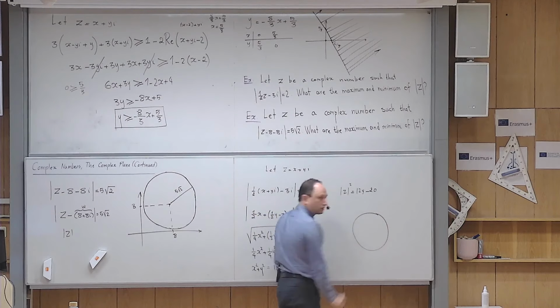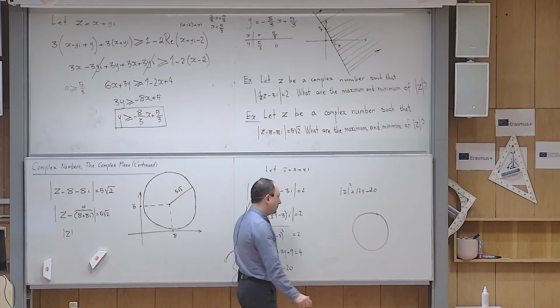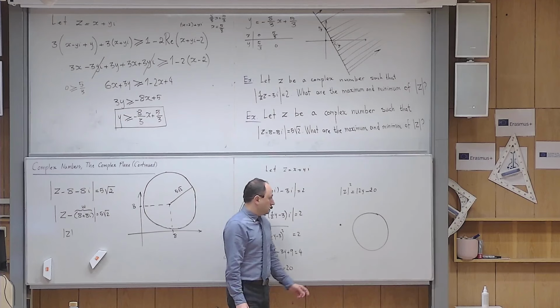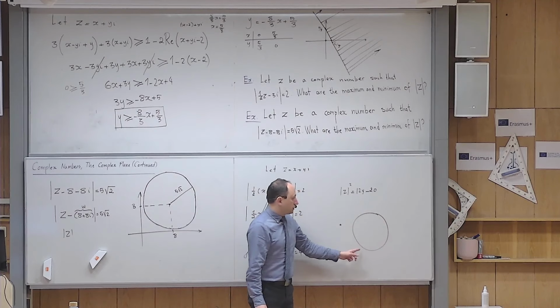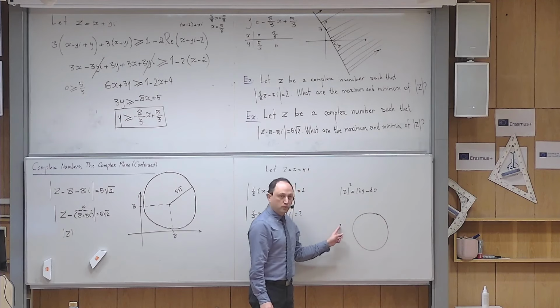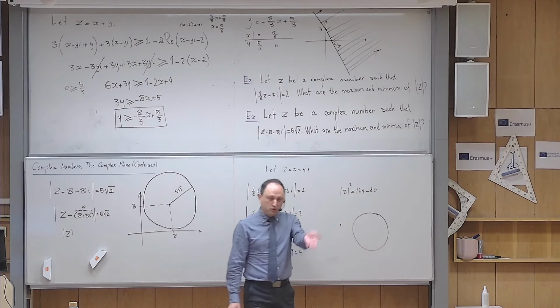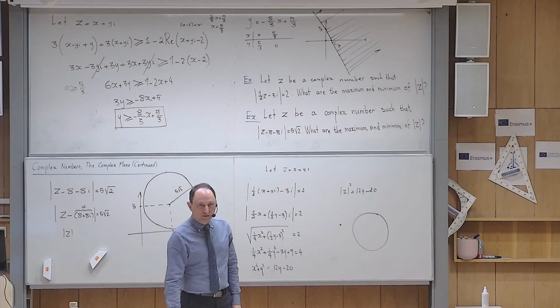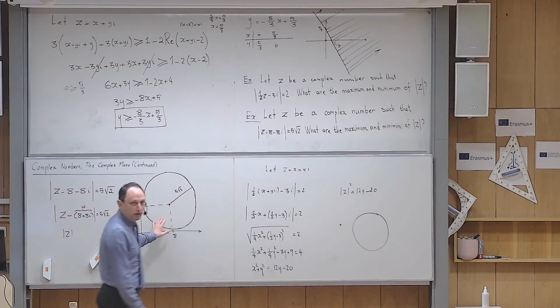If I have a circle here, and I give you a point here, and I ask you which point on the circle is farthest from this point and which one is the closest, and I give you a ruler, what do you do? Forget about this, because that is the same problem.